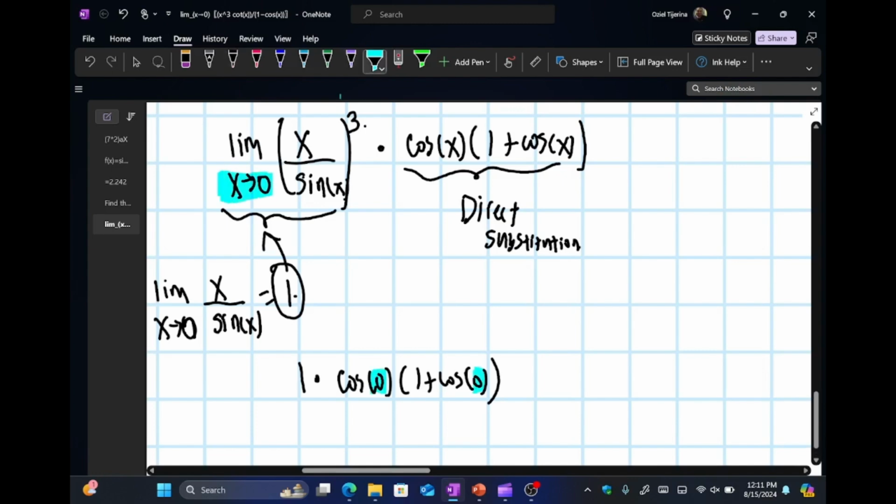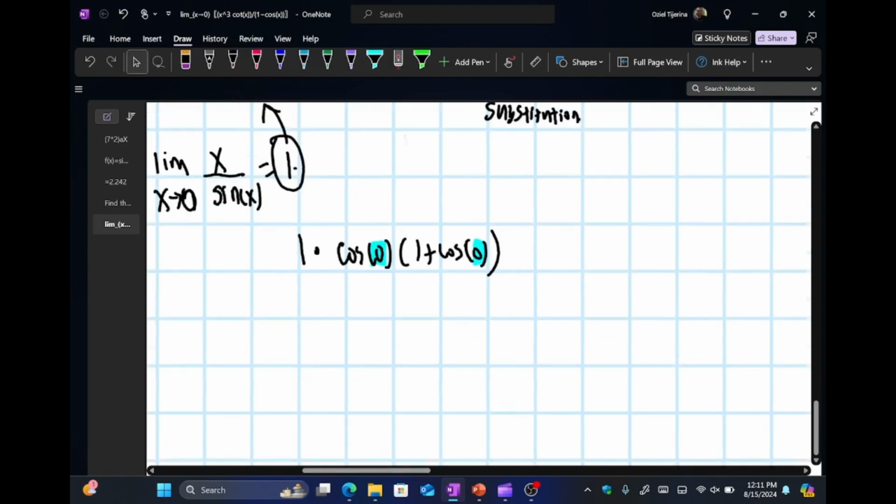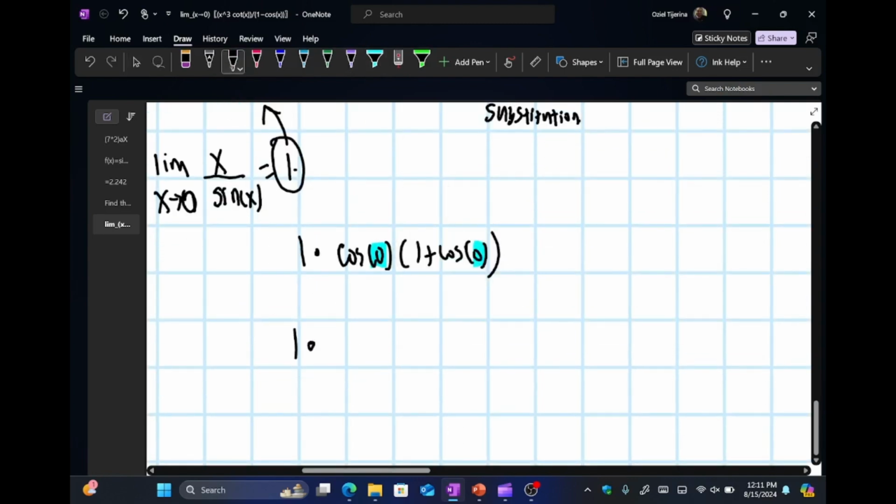Finally, we end up with 1 times 1, because cosine of 0 is 1, times the quantity 1 plus 1, which is 1 times 2, which is 2.